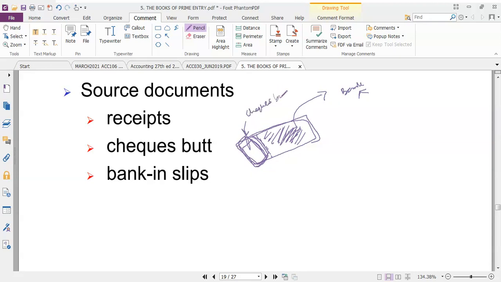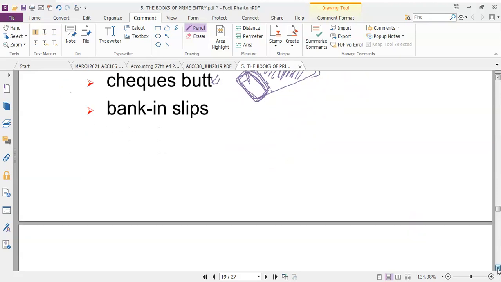Okay, check bar. Kat sini kita akan tahu berapa banyak check yang kita dah keluarkan, berapa amount yang kita dah keluarkan check tersebut. Okay, melalui check bar. So this is the source document for check. Okay, kalau cash lah, ataupun kita bayar terus.